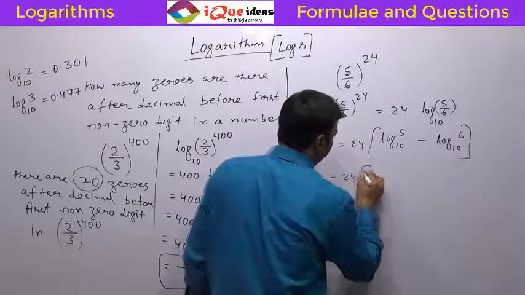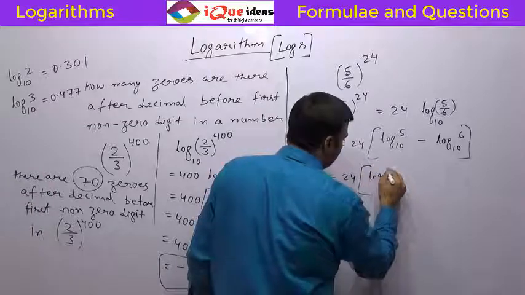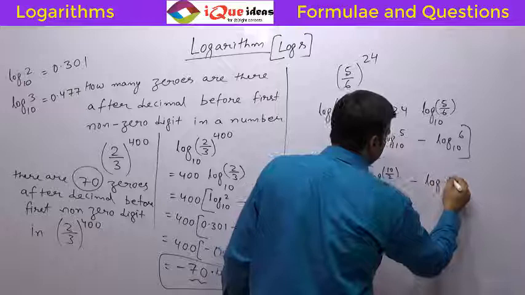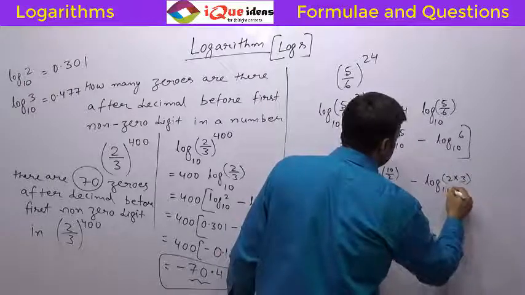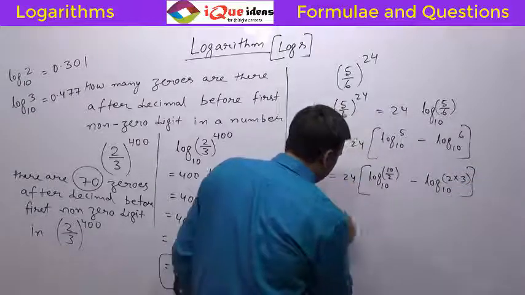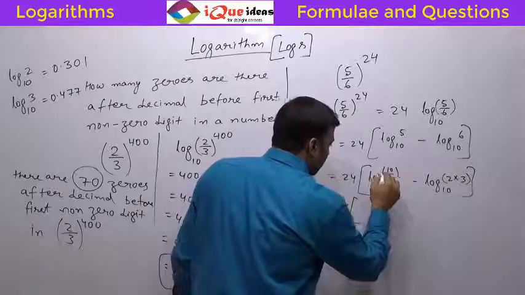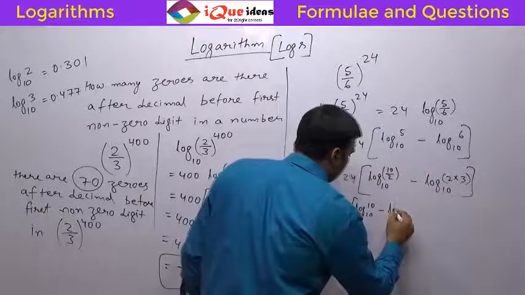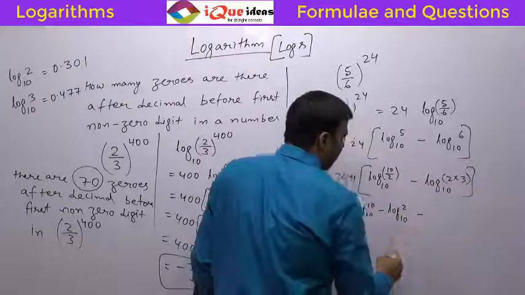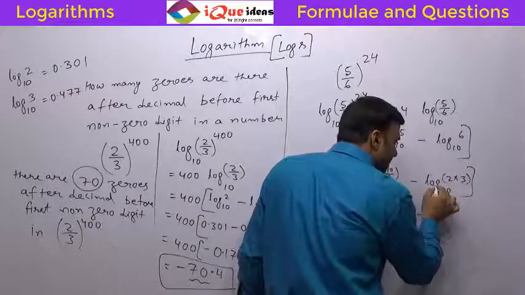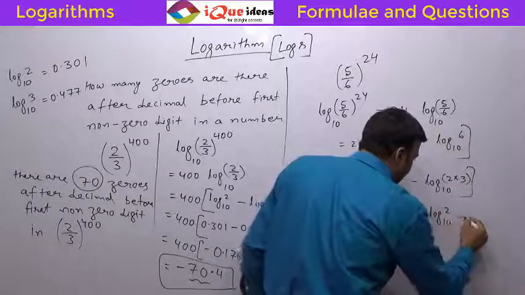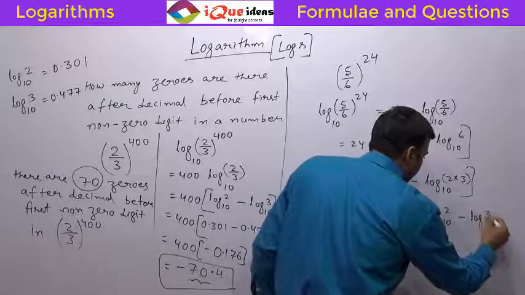Now log 5 can be written as log 10 by 2 to the base 10, minus log 6 can be written as log 2 into 3 to the base 10. Now if you open it, it will become 24 times log 10 to the base 10 minus log 2 to the base 10 minus, now this will become, log 2 to the base 10 plus log 3 to the base 10. So here it will come log 2 to the base 10 minus log 3 to the base 10.